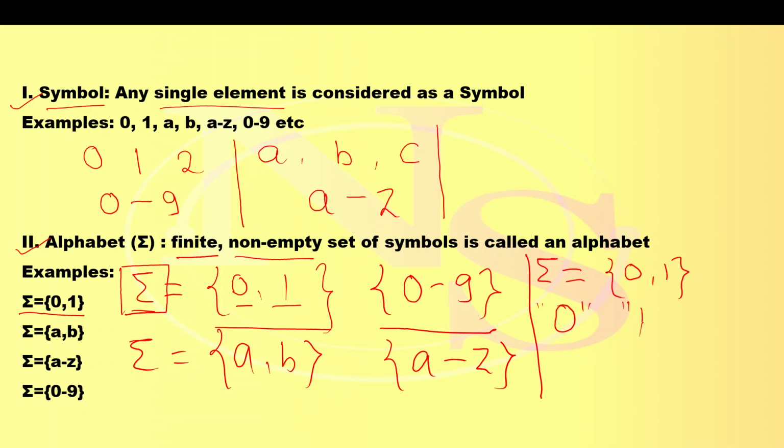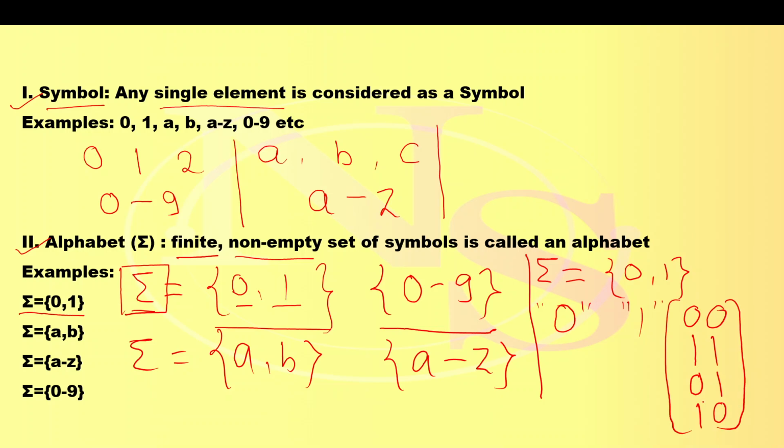I can write the single 1. This also becomes a string. I can write other strings like 0 0, or 1 1, or 0 1, or 1 0. I can write these strings in any sequence, like starting with 0 followed by 0, starting with 1 followed by 1, then 0 1, 1 0. So using any sequence of symbols, we can write the strings.